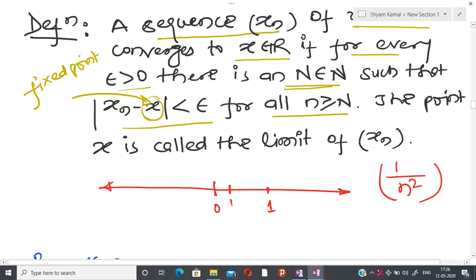If you put 3, then you have 1 by 9. And if I put n equal to infinity, or very large, then I am here. So basically this origin is the fixed point now.